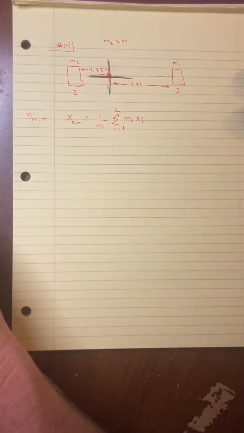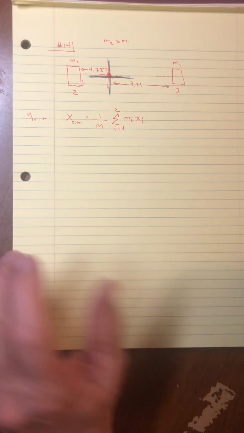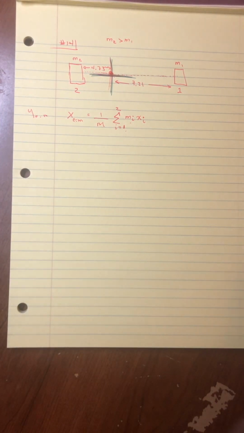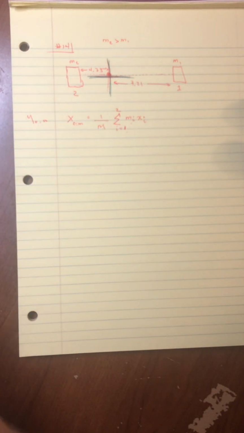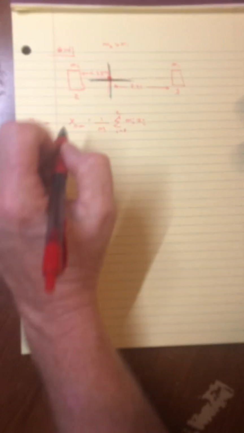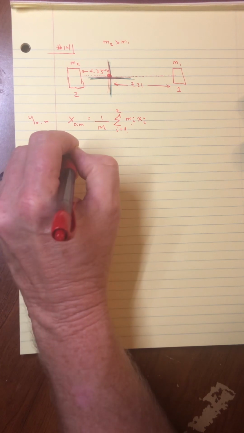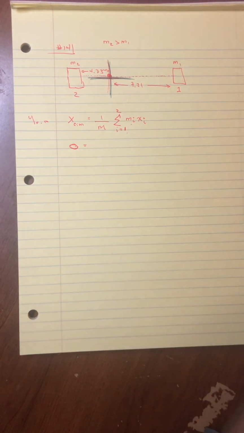So if we sit down to do the math, we have to pick a grid. But if I pick the grid to be that center of mass, then by definition, you have just said that the position of the center of mass is 0. That's your definition of where 0 is. It's at the center of mass.